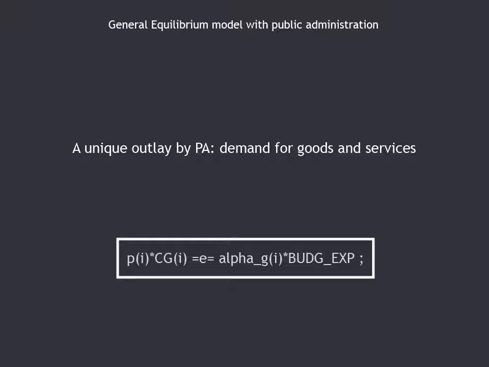The public demand for good I is defined by the equation P in sector I times CG in sector I must be equal to a constant defined on I times BUDG_EXP, which is the total public budget. This is as if the public administration had a Cobb-Douglas utility function, and the result is that the distribution of public demand by sector is a constant share of the total public budget.